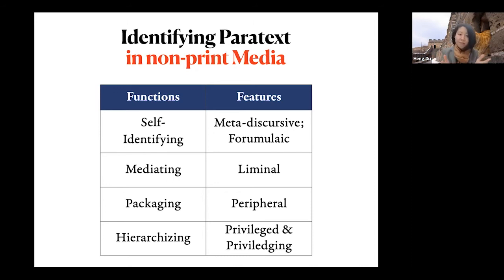So I basically propose here a set of characteristics and criteria for thinking about what paratexts do instead of what they look like. And then we find things in the manuscript context that also perform these kinds of functions.